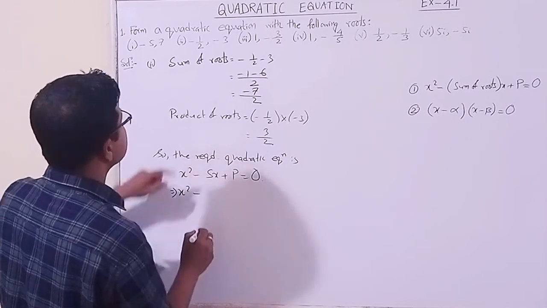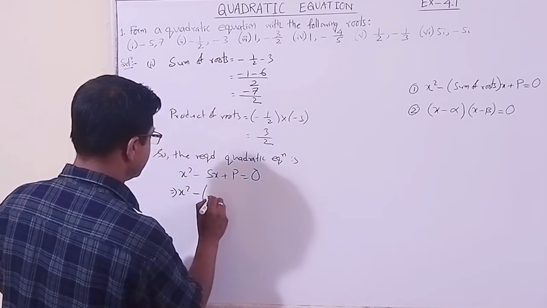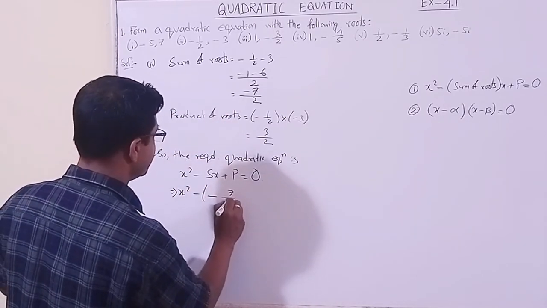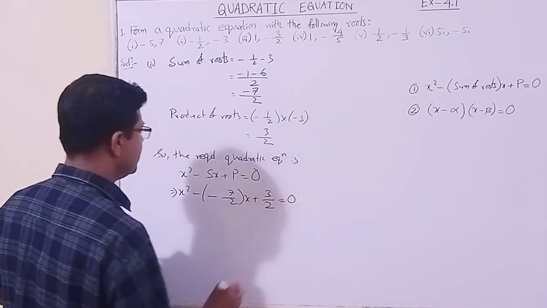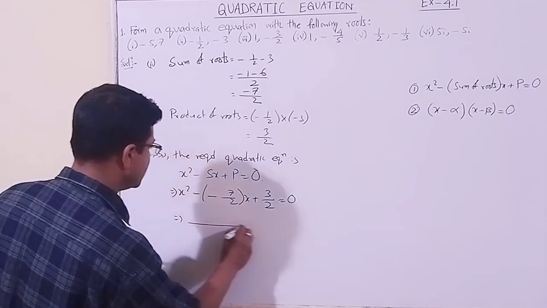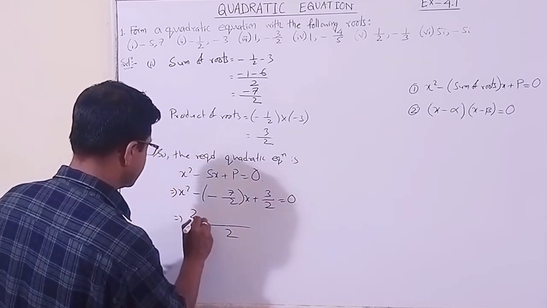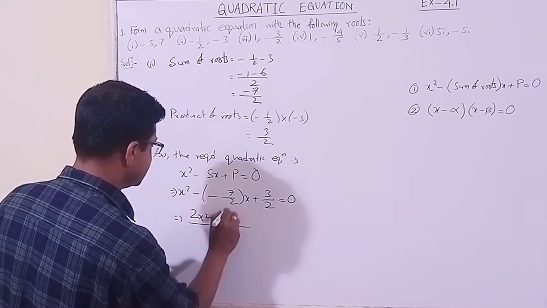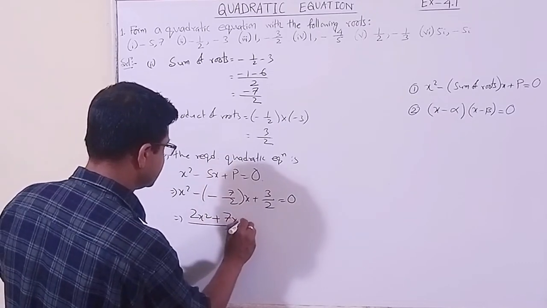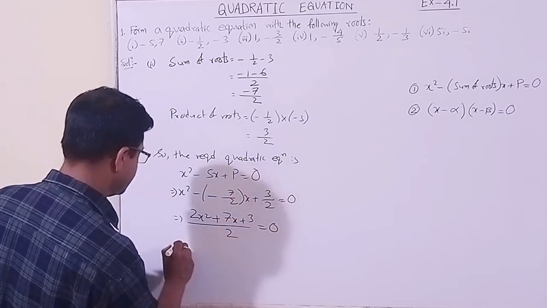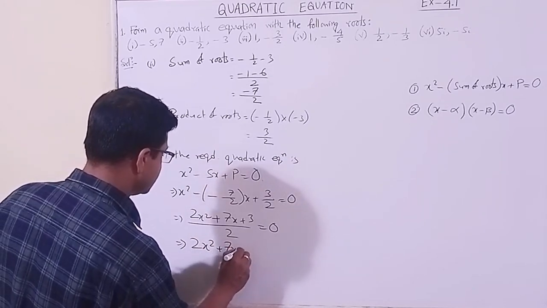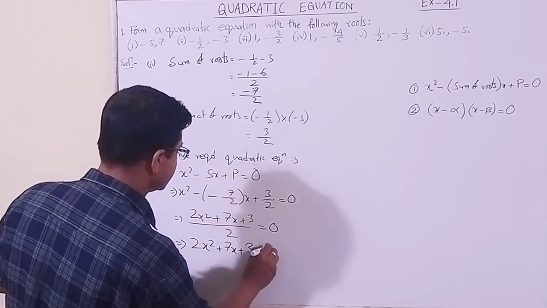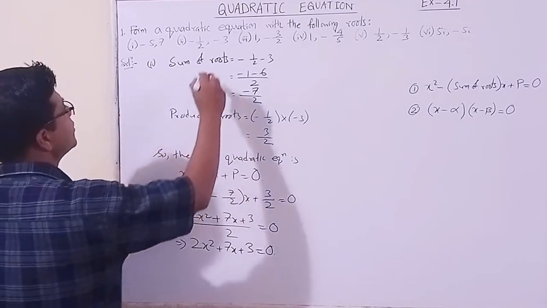X square minus -7 by 2 into x plus product of roots 3 by 2. We'll take the LCM, which is 2. Twice x square plus 7x plus 3 is equal to 0. Cross multiply, what will we obtain? 2x square plus 7x plus 3 is equal to 0. This is the required quadratic equation for the second one.